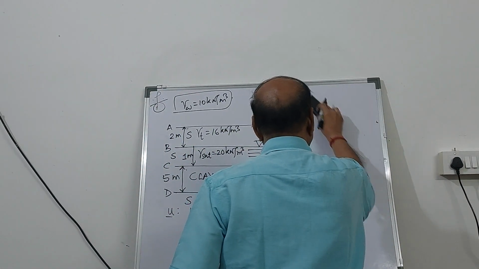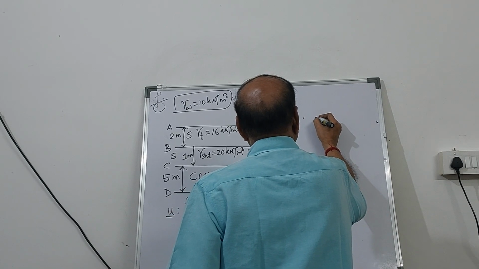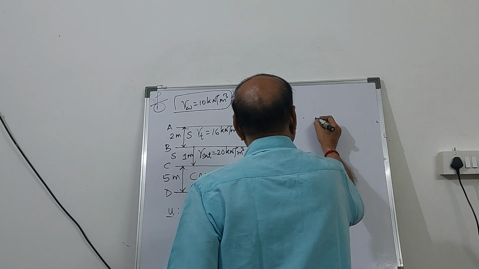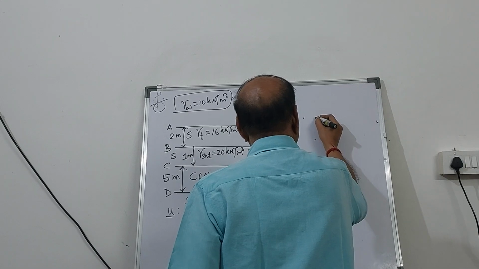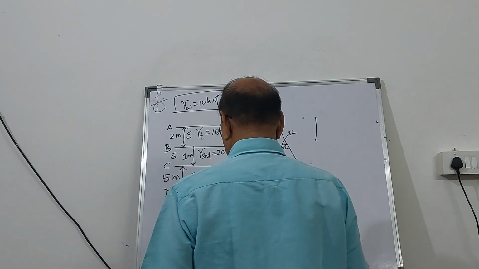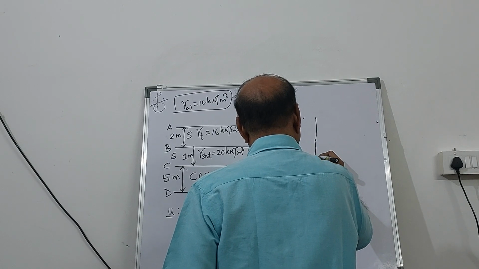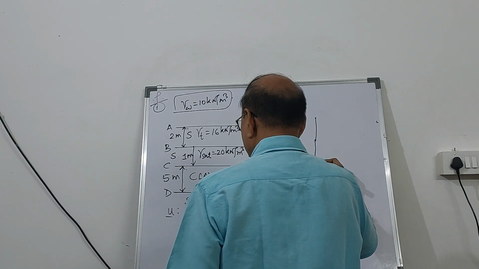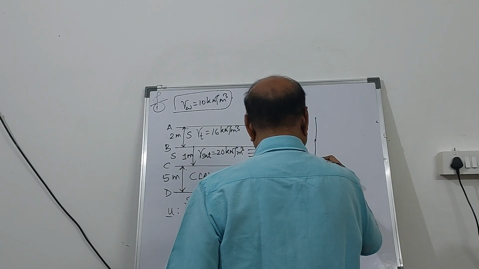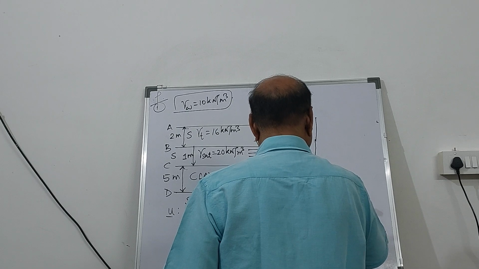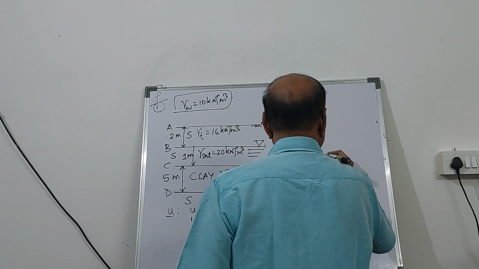So variation of pore water pressure at top A it is 0, at BB it is 0, at CC the value is 10, and if you come to this level at DD it is going to be 60.